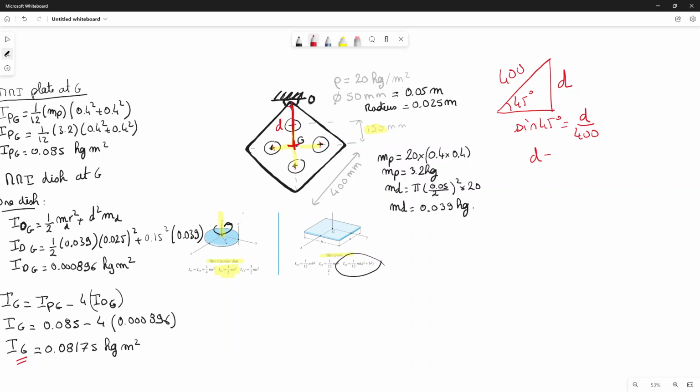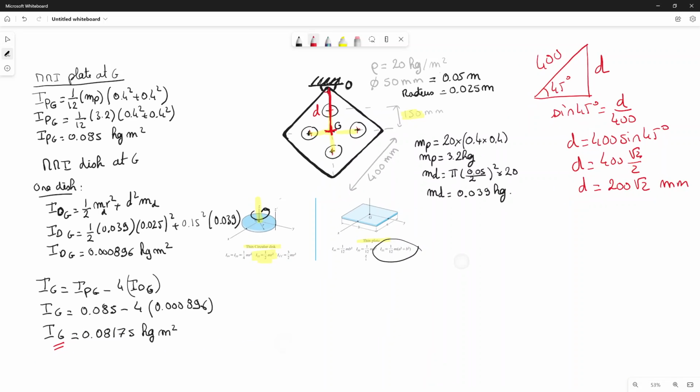So we get D equals 400 times sine 45, that's 400 times square root of 2 divided by 2. So we can write that D equals 200 times square root of 2 in millimeters. Okay, so we can use that.